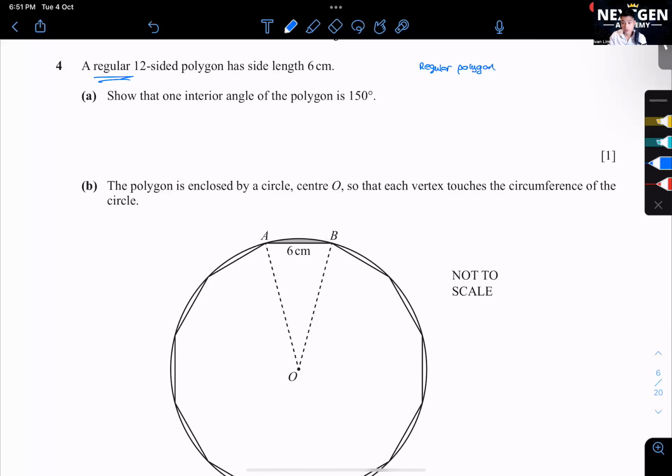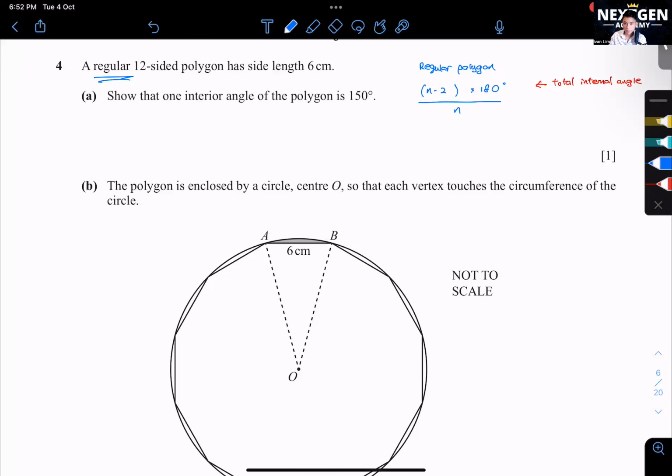How do you get the formula? You can memorize this: n minus 2 times 180 degrees. This one you have to memorize. This will be your total internal angle, the top part here. Because there are 12 sides, to find each angle it will be divided by n.